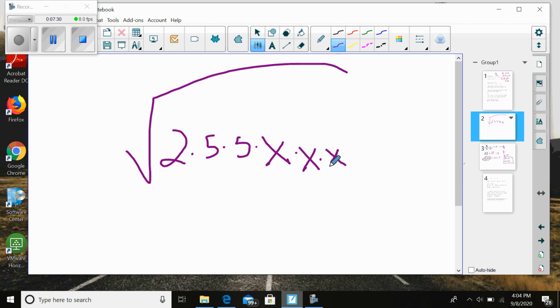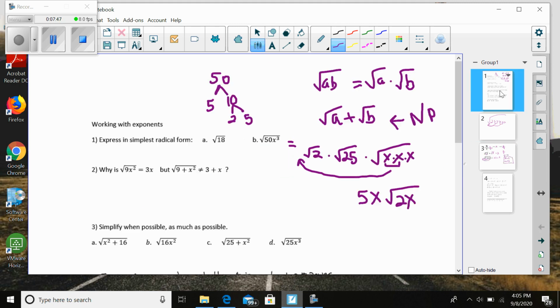And then every time I have a partner, I bring it outside. Like that, okay? So that's where I get the 5 and the x on the outside, the 2 and the x still beneath. So you try letter A, simplifying radical 18.